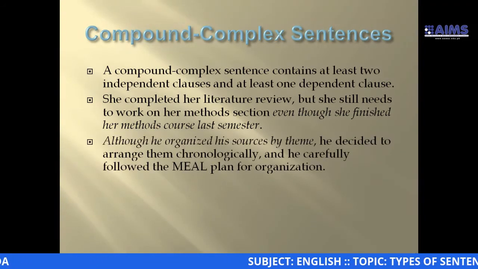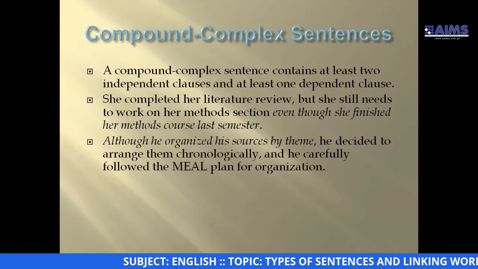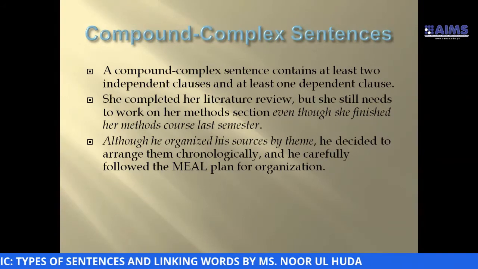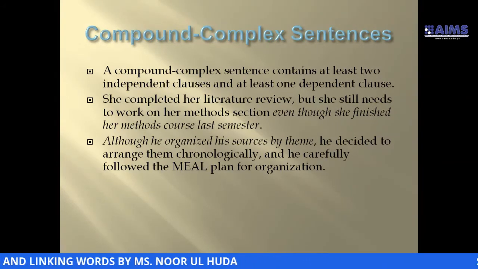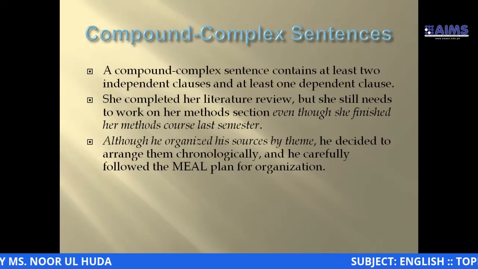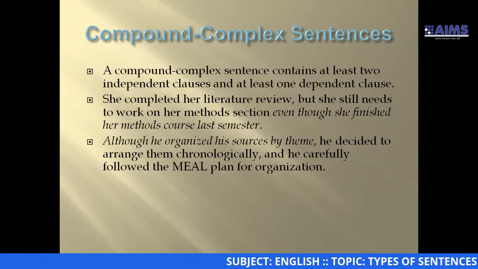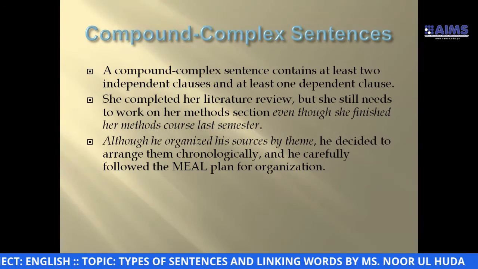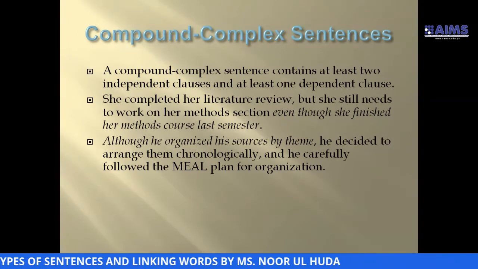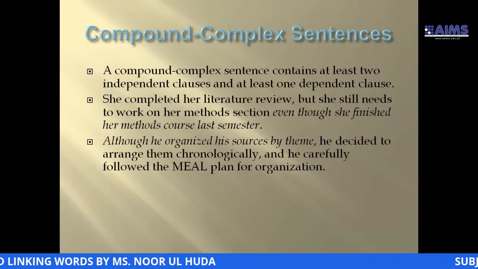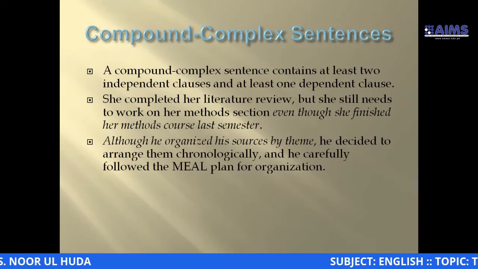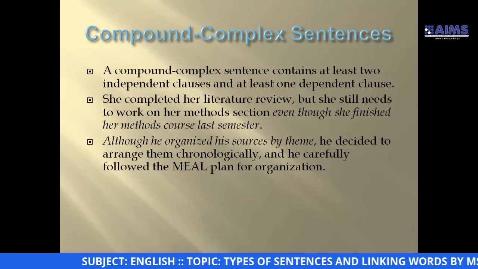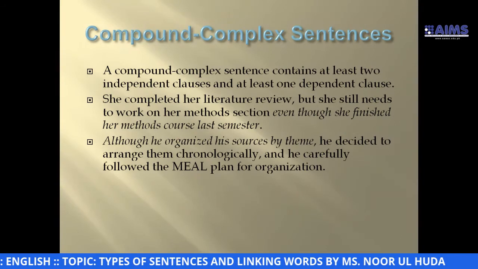Okay, the other example. Although he organized his sources by theme, he decided to arrange them chronologically and he carefully followed the meal plan for organization. Now, the first one is the dependent clause: although he organized his sources by theme. He organized his sources by theme would be independent, but by putting although, we have made it a dependent one.